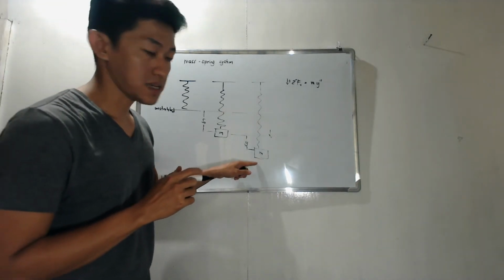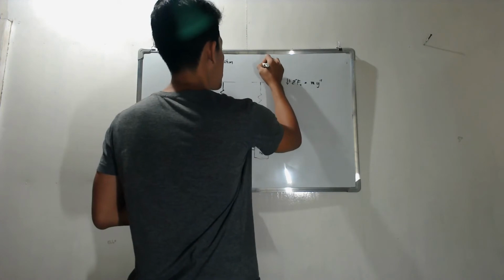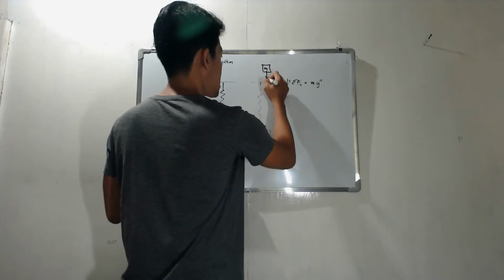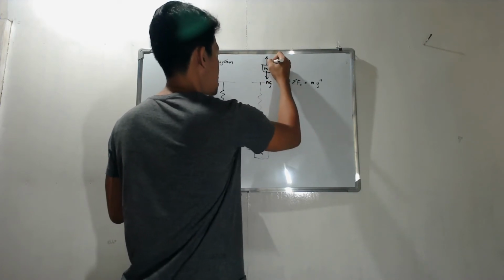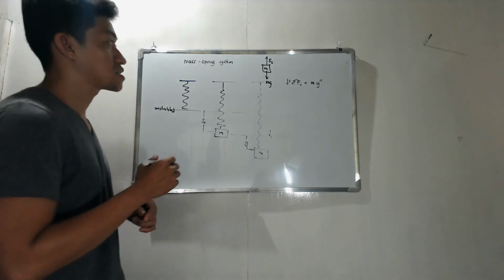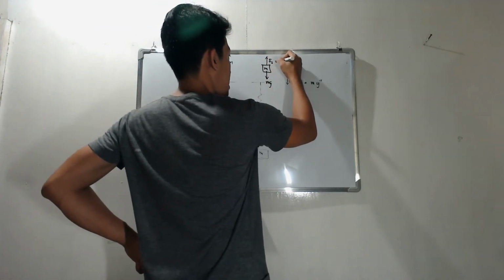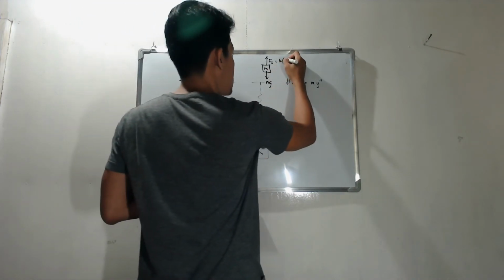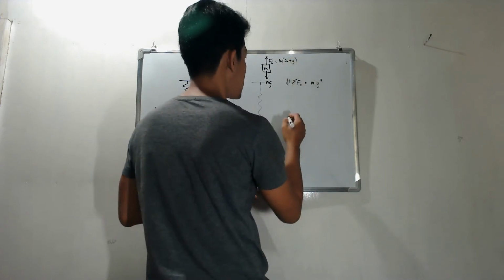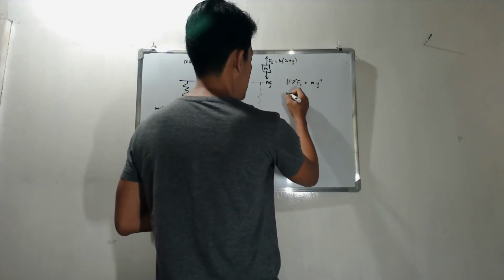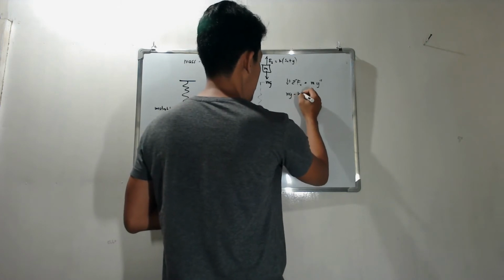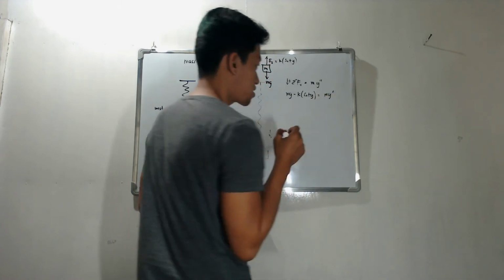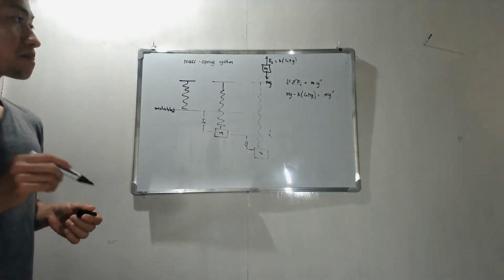So what are the forces acting here at your mass? You have the gravity, mg, and the force of the spring, Fs. Now this is just equal to K times the elongation, which is S sub O plus Y. So you have mg minus K times S sub O plus Y is equal to M Y double prime.